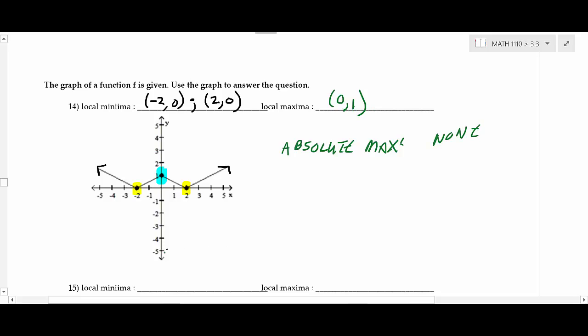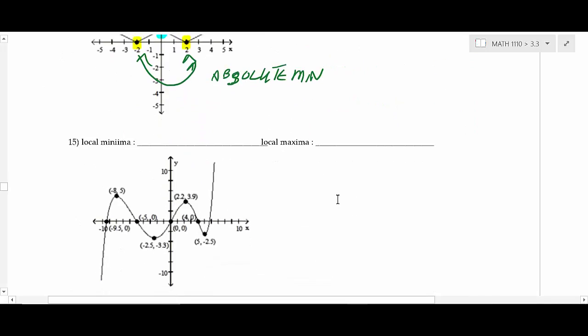Would you have an absolute min? Yeah, you would actually have 2 of them. Those 2 points right there would also be absolute. It's hard to write and talk sometimes at the same time. That'd also be an absolute min. So you don't have an absolute max on that, but you do have 2 absolute mins because they have the same y value, 0. That's the idea.